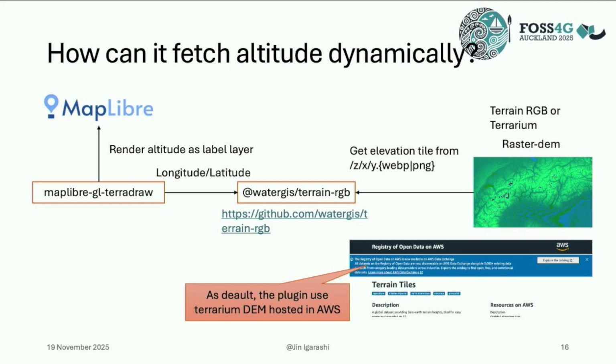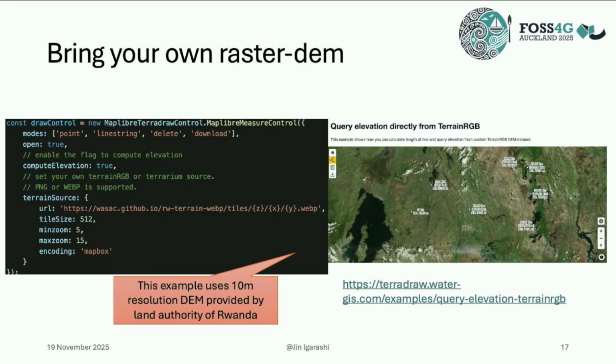But you can use your own raster DEM. This example is for Rwanda: the Rwanda water utility has a 10-meter resolution DEM, so I converted that DEM to a raster DEM and am using it.